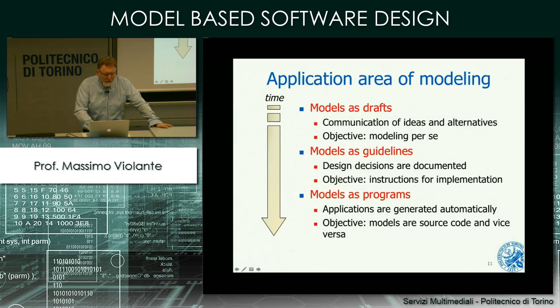So we will use models as draft. This is a way to say that we will use the model as the worksheet with which we conceive our algorithm. We will use the model as a way for expressing the different ideas that we have, for evaluating the different design alternatives and for communicating with your colleagues.